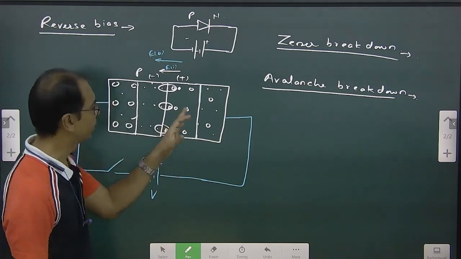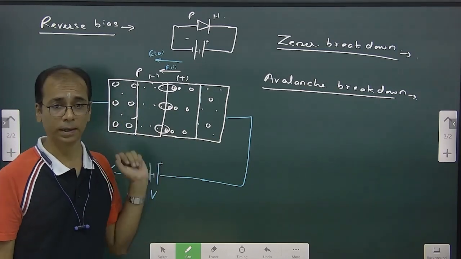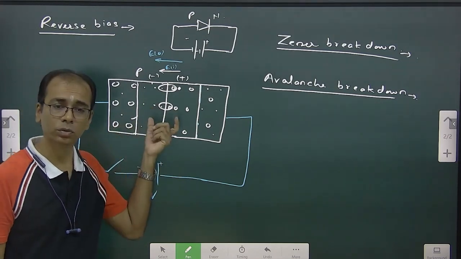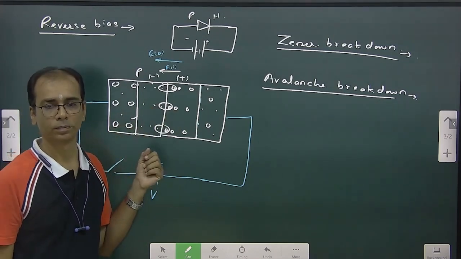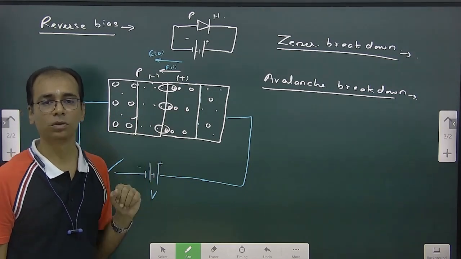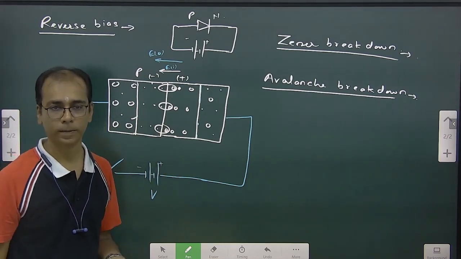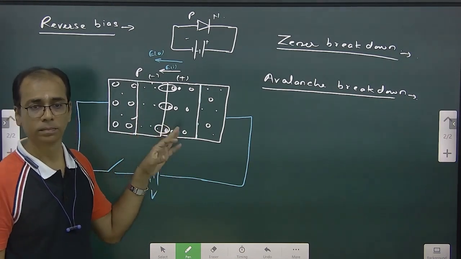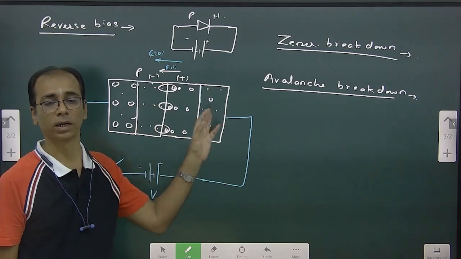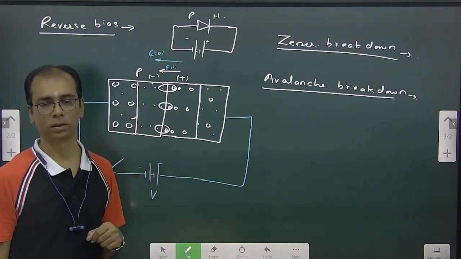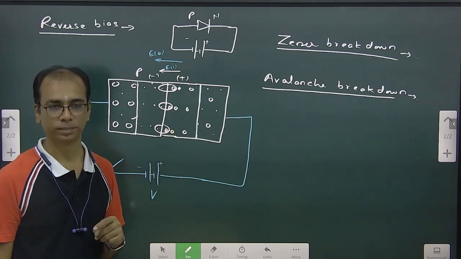So when they are moving from here, they are getting kinetic energy, right? So with that kinetic energy, if they collide with any of the electrons here, because of the collision also covalent bonds break, and because of that breaking also we get an electron-hole pair, and the electron again starts moving in this direction. So because of that also we get current, and that's called avalanche breakdown.